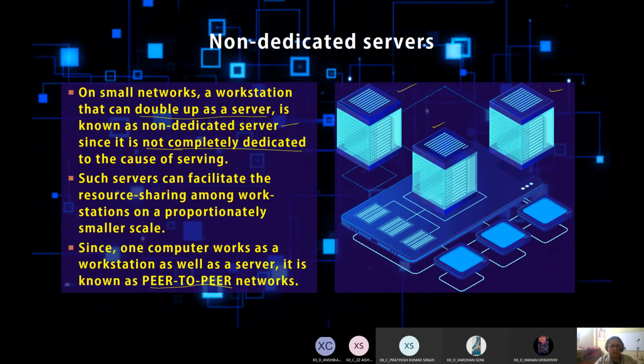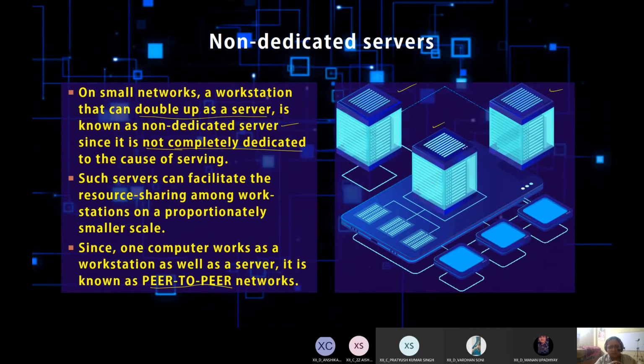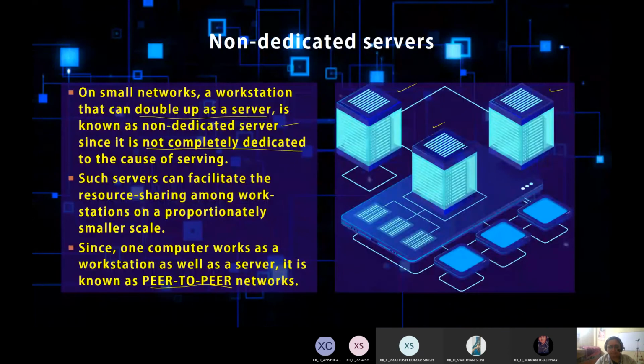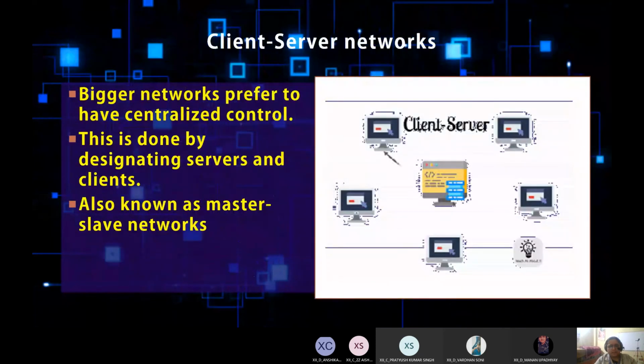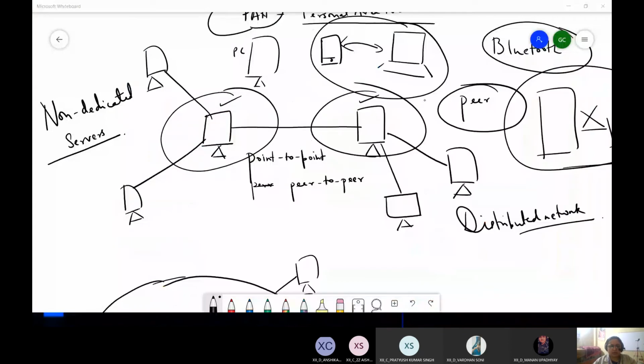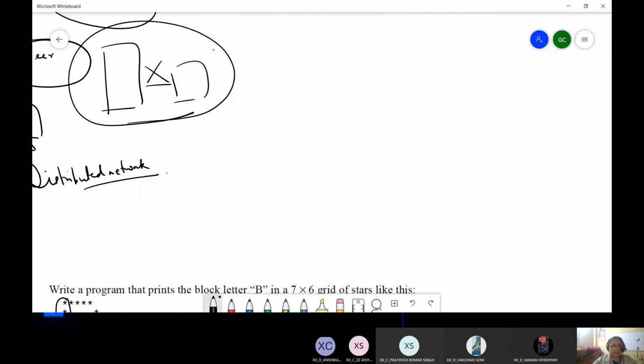So non-dedicated servers can form a cluster, and a cluster of computers, that is a group of computers, together act as a server. So here we are, client server network. Just as I was talking about this kind of network where you have a server, a very large computer, or a computer with some extra processing speed, some additional hard drives and higher memory, that forms a server.